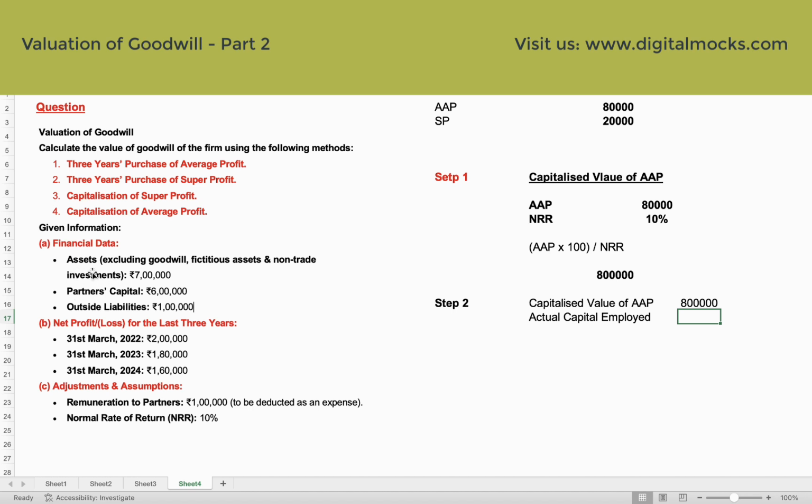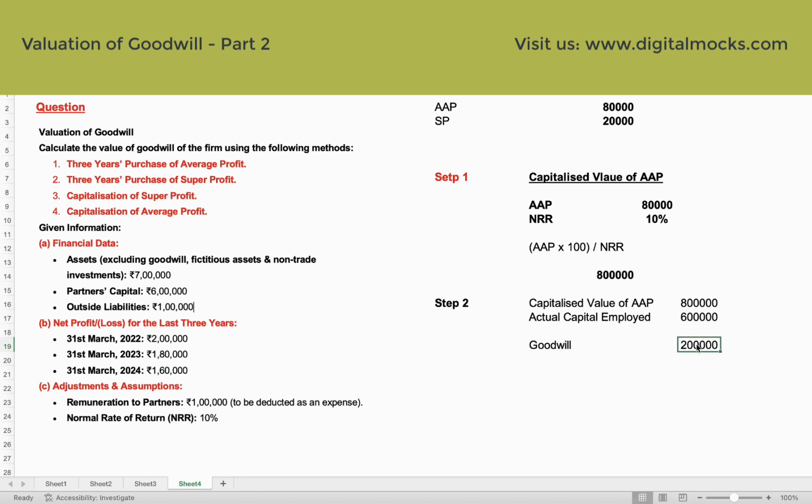We have already calculated that it was 6 lakh: assets value of rupees 7 lakh minus outside liability of 1 lakh. Now I will compare these, and the difference is the amount of goodwill. So 8 lakh minus 6 lakh is the value of goodwill.